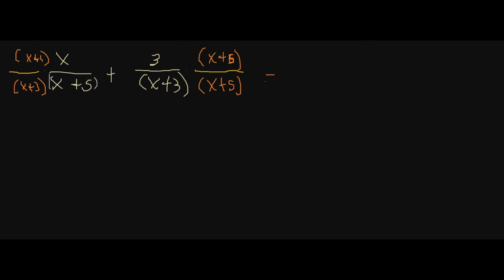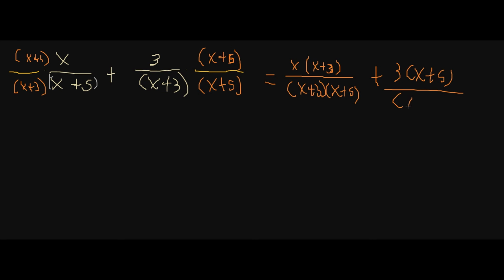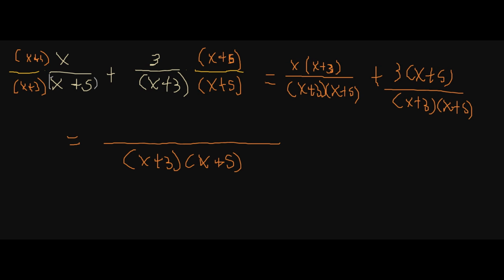Therefore, we're going to have x times x plus 3, all divided by x plus 3 times x plus 5, plus 3 times x plus 5 all divided by x plus 3 times x plus 5. Okay, now I'm going to turn this into a single fraction over x plus 3, x plus 5. Again, the denominator stays the same.